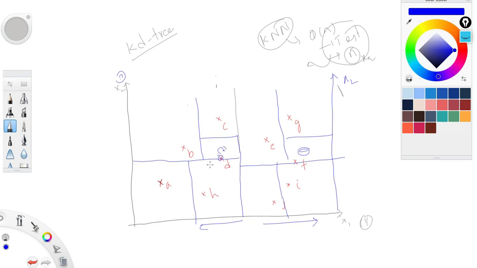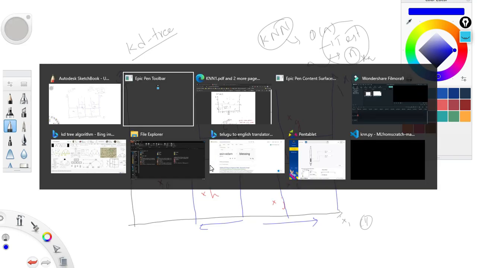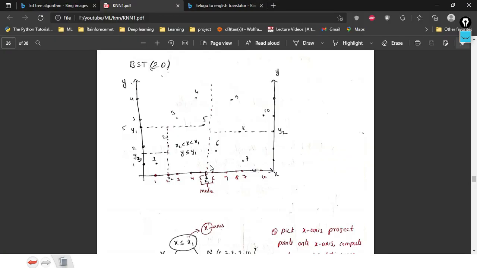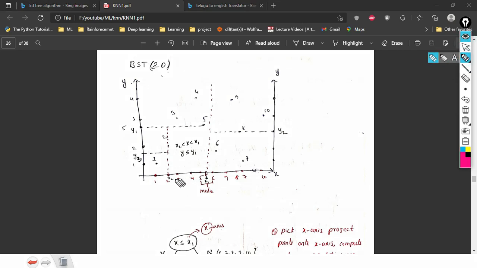Then we will see what happens when the query point comes. Here we consider the median, and by using the median we will split.